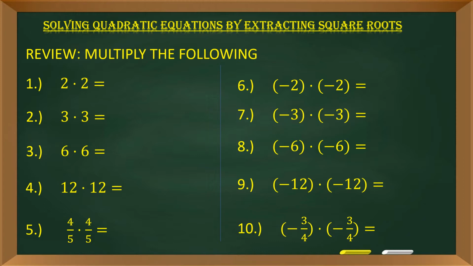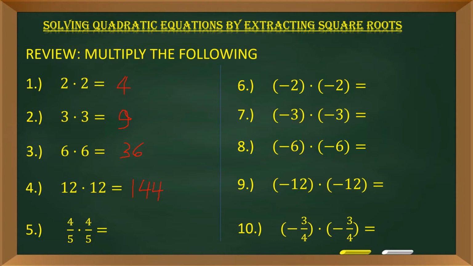Okay, let's see what is 2 times 2, that is 4. Of course, 3 times 3, that's 9. 6 times 6, that's 36. 12 times 12, that's 144.